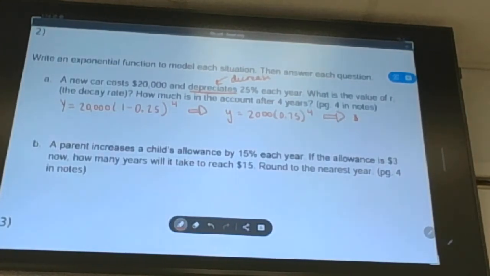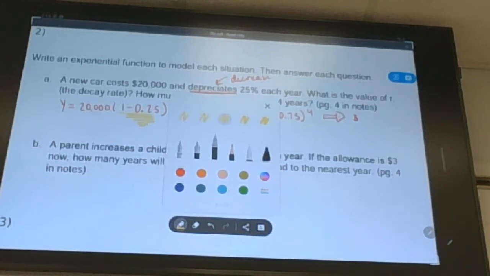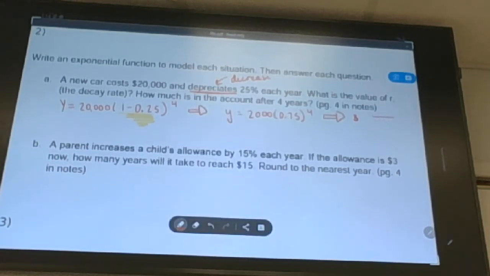I went ahead and did the subtraction here. So I did 1 minus 0.25. It's in parentheses, so. Sorry, here's the amount. After 4 years, that car's worth $6,000.